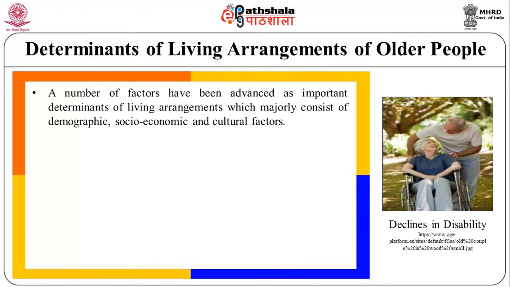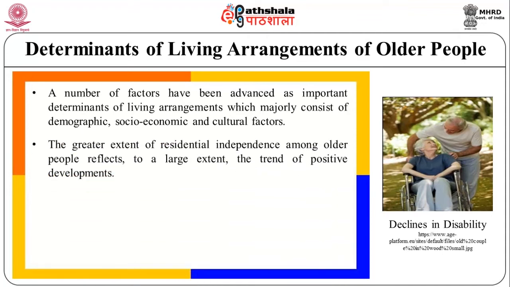A number of factors have been advanced as important determinants of living arrangements, which majorly consist of demographic, socioeconomic, and cultural factors. The greater extent of residential independence among older people reflects to a large extent the trend of positive developments.